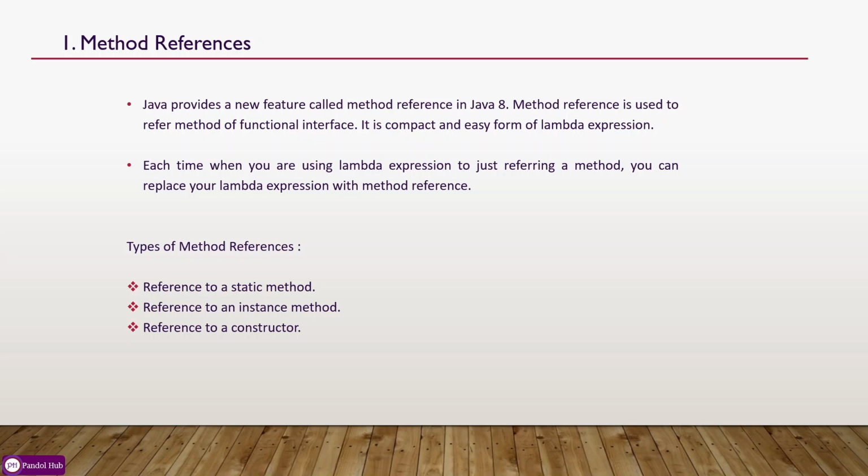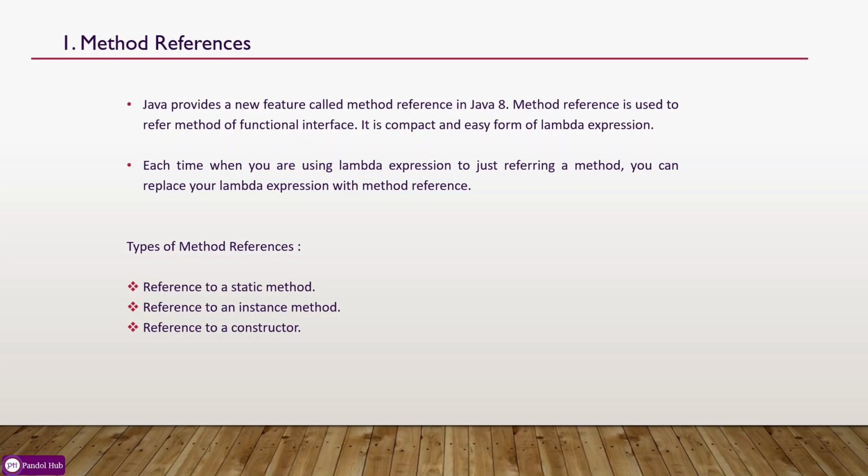Method reference represents that you're going to call a method of a functional interface even without creating an object. Each time you use a lambda expression just to refer to a method, you can replace your lambda expression with a method reference.